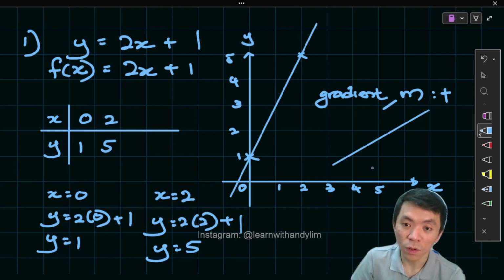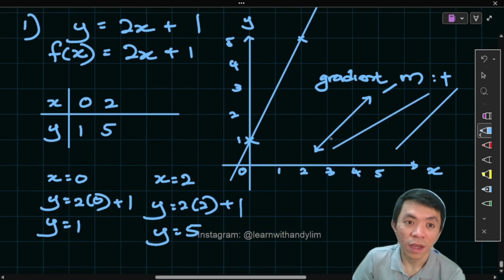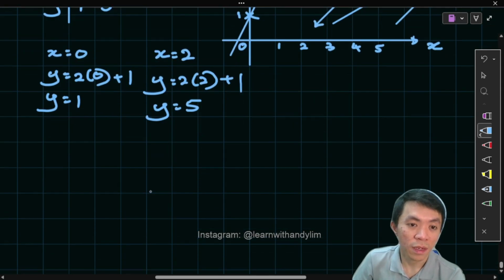It can also be in such a way with a different gradient. Remember, when my gradient is positive, the line extends from bottom left to top right.